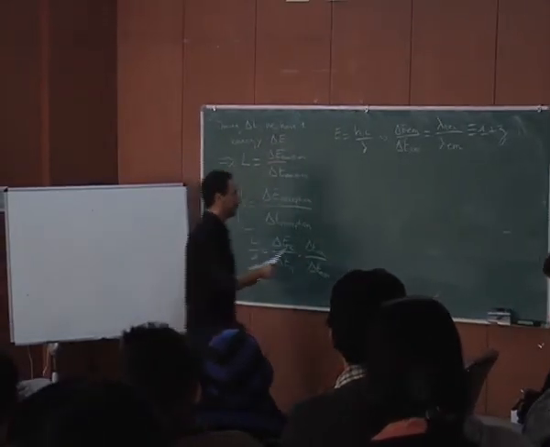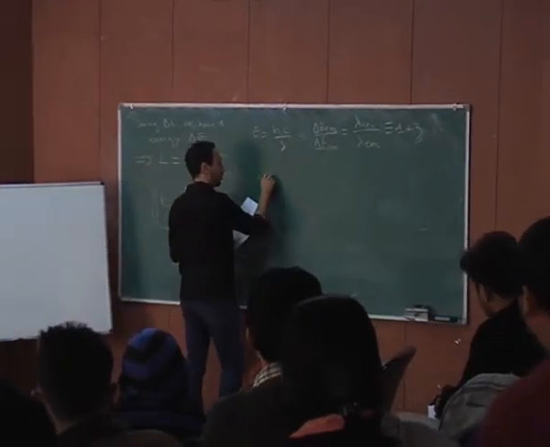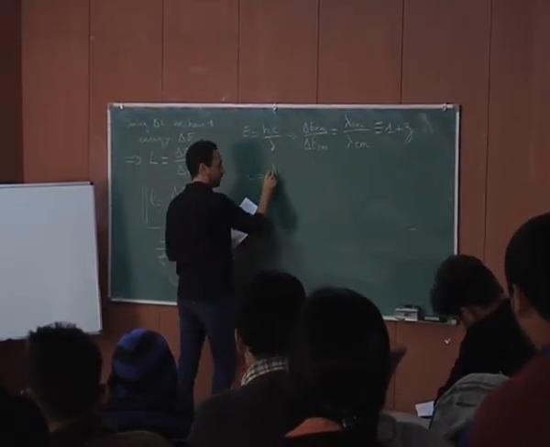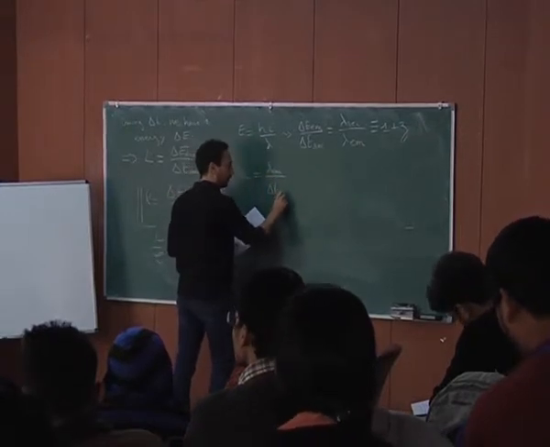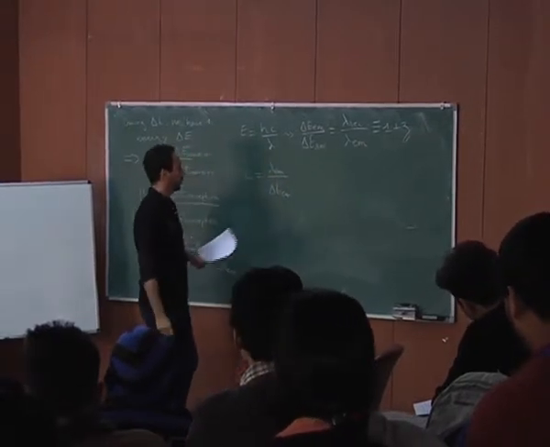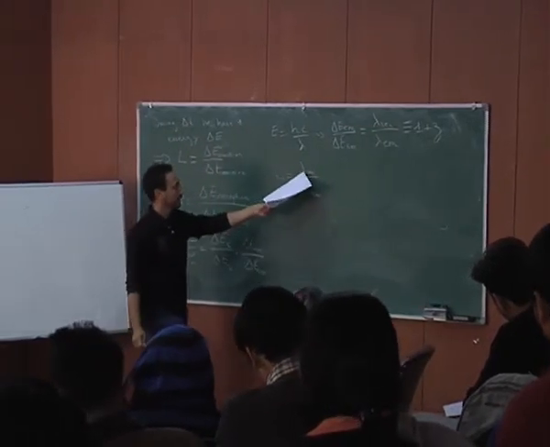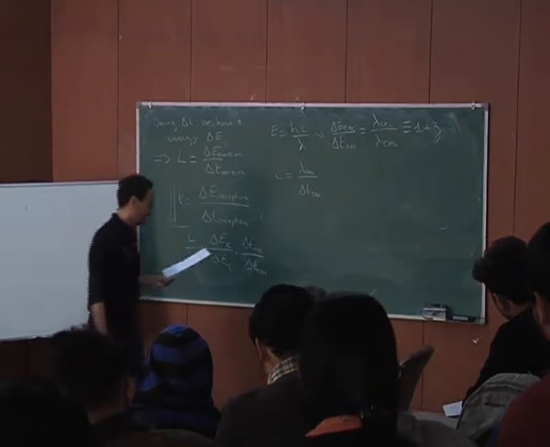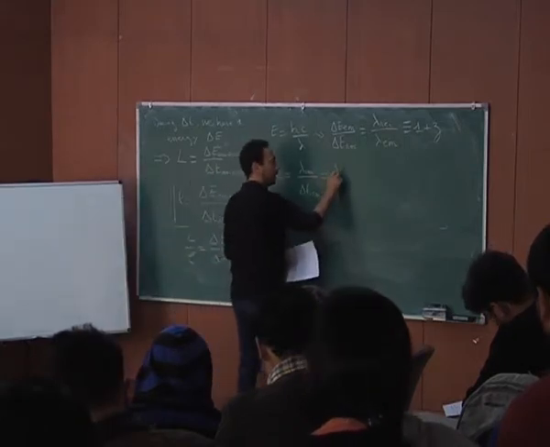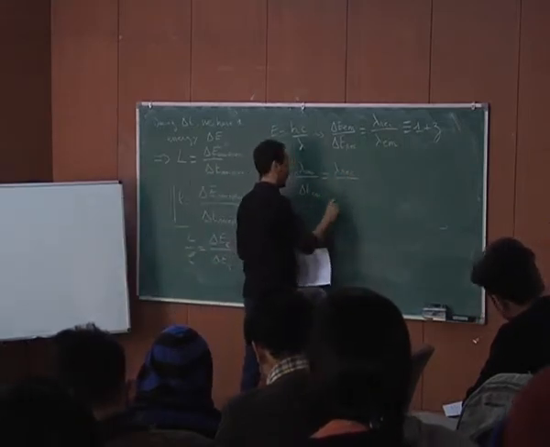At the same time, the speed of light being a constant, if I define things in this way, I can say this is the lambda of emission during the time of emission. And this is also equal to lambda at the time of reception.